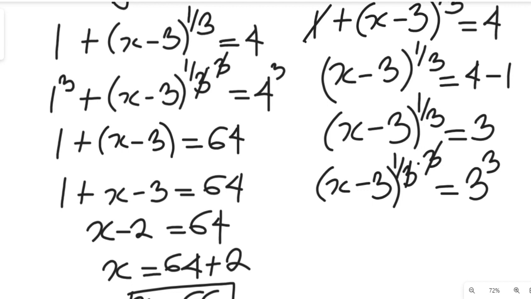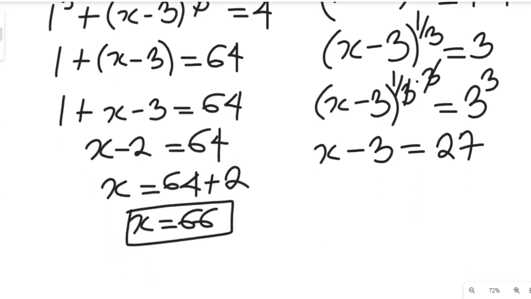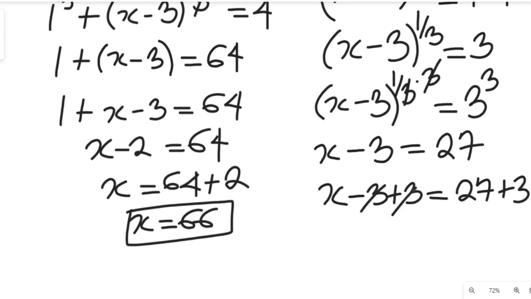So the 3 clears the 3 to give us 1, and we'll have x minus 3 equal to 3 times 3 times 3, which gives us 27. Good. So to get the value of x, student B added 3 to both sides. That gives us x minus 3 plus 3 equal to 27 plus 3, so this clears the 3 and student B's x became 30.